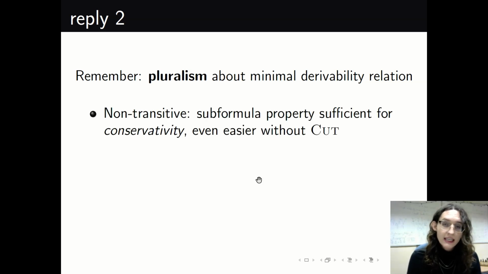Furthermore, it's easy to accommodate non-transitive calculi in our semantics. After all, what we need to do is prove conservativity, and we do this via the subformula property. Now, the subformula property is, generally speaking, easier to prove without the presence of cut, so without the presence of transitivity.